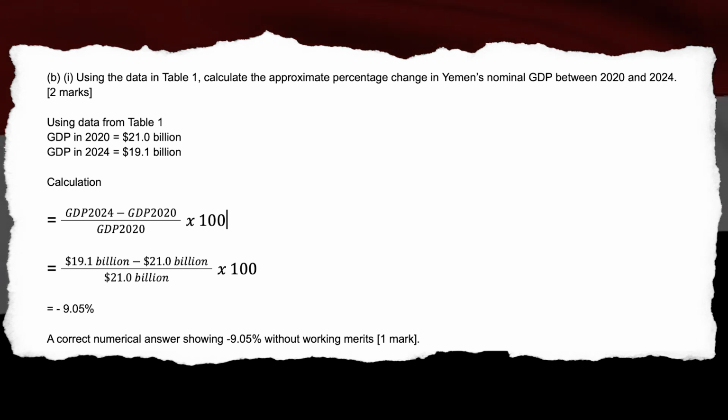Calculation: (GDP in 2024 minus GDP in 2020) divided by GDP in 2020, times 100, equals ($19.1 billion minus $21.0 billion) divided by $21.0 billion, times 100, equals minus 9.05%. A correct numerical answer showing minus 9.05% without working merits 1 mark.